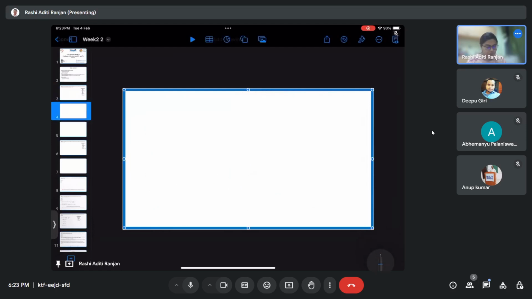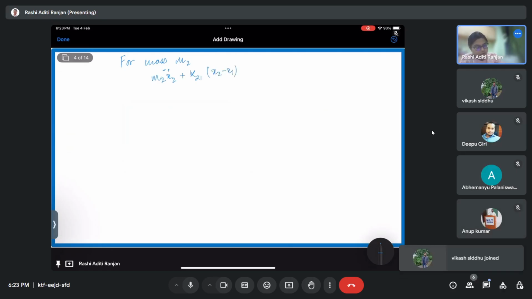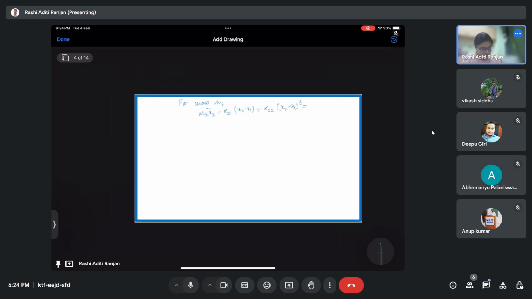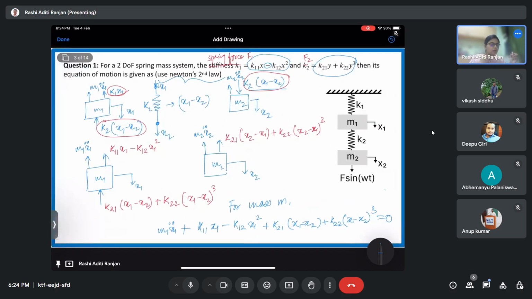Okay, now for the second mass, we'll have m2 x2 double dot, and there was plus k21 x2 minus x1 plus k22 x2 minus x1 whole cube is equal to, yeah, there is one more thing that I left over here with m2, which is F sine omega t, the force term.